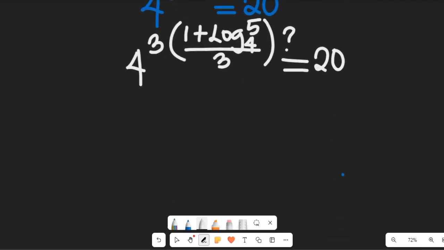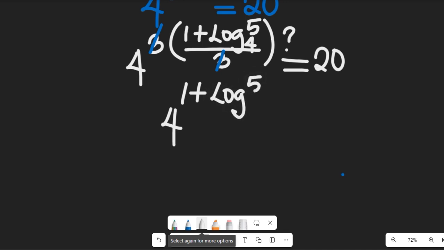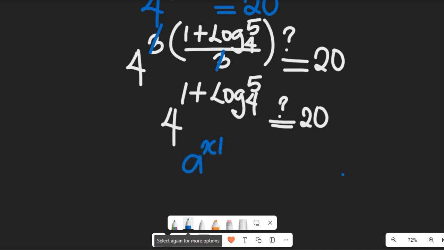Now, let's look at that. From that expression, 3 can cancel out 3, right? And then we'll be left with 4 to the power of 1 plus log of 5 base 4. Will this give us 20? Now recall this indices rule that if you have a to the power of x plus y, this can be equal to a to the power of x multiplied by a to the power of y.